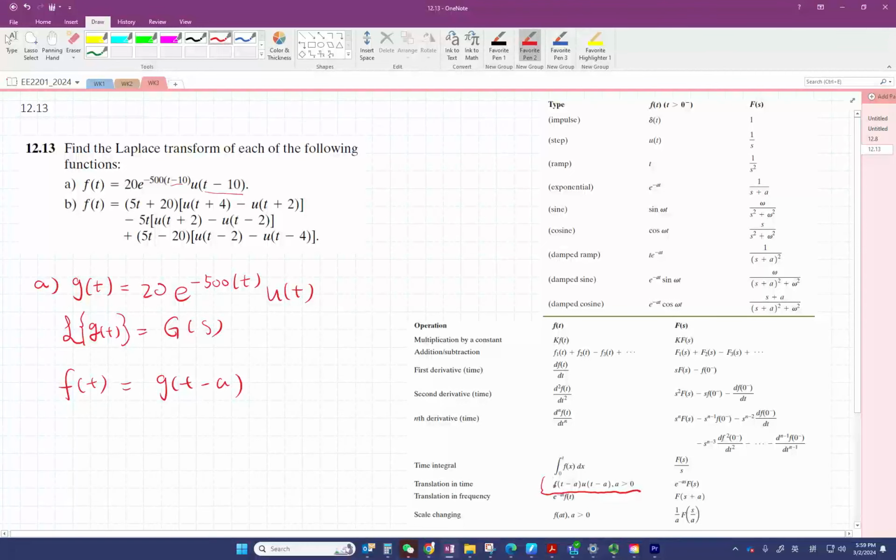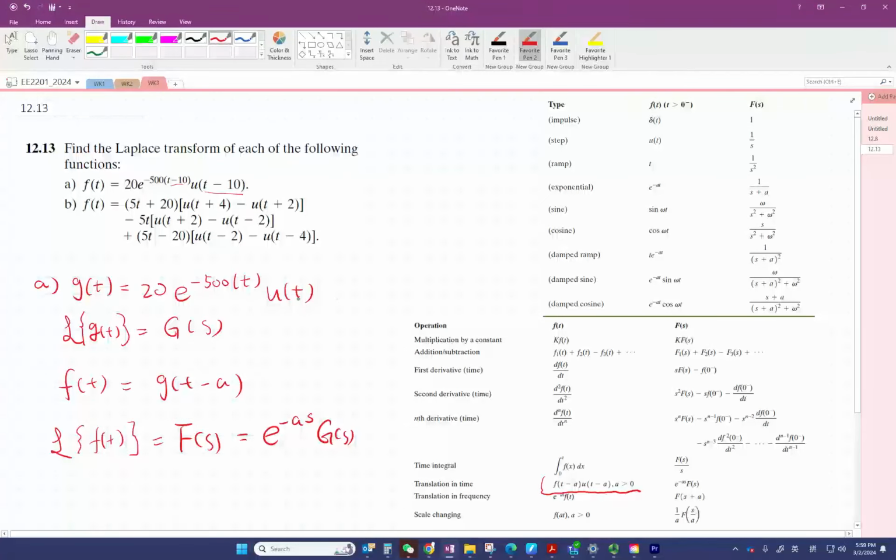Okay, t minus a, so it's a shift in time. So if that's the case, then the Laplace transform of f(t), which is capital F(s), just equals something related to G(s), which is e to the order of negative as, G(s).